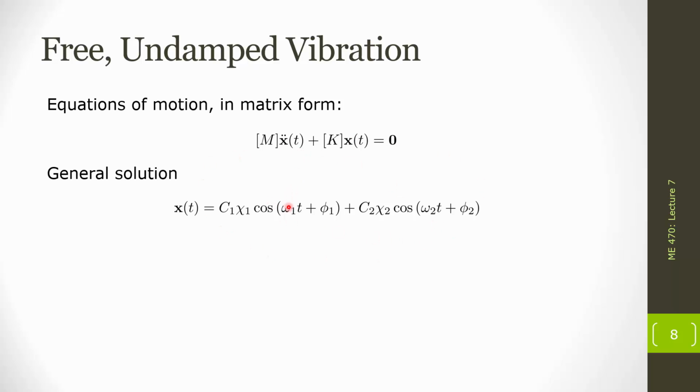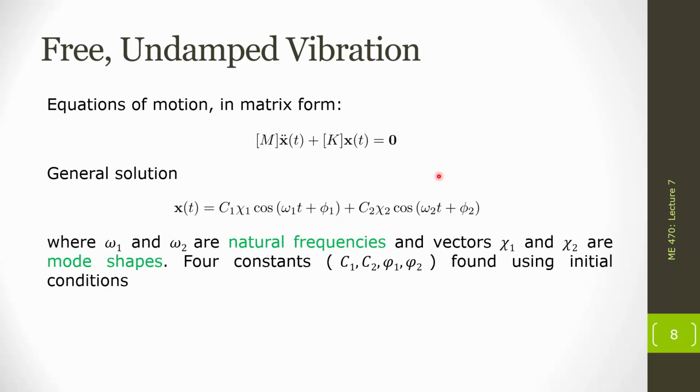We have this Omega1 and Omega2, so these cosine terms are going to be oscillating at 2 different frequencies, Omega1 and Omega2. And the Omega1 and the Omega2 are the 2 natural frequencies in our system. So once we go beyond 1 degree of freedom, there is no the natural frequency. We have as many natural frequencies as we have degrees of freedom in our system.